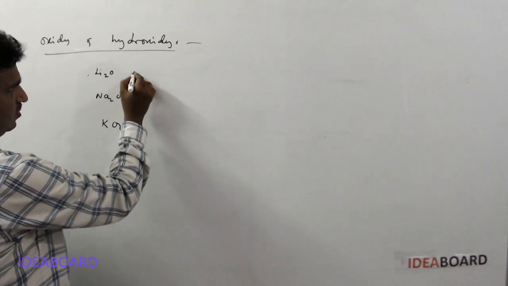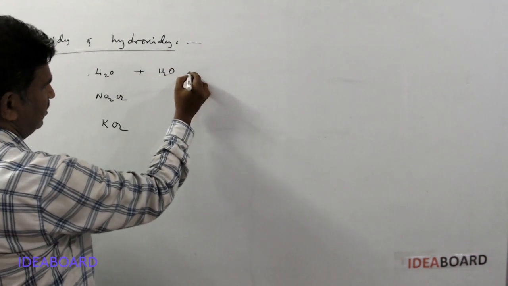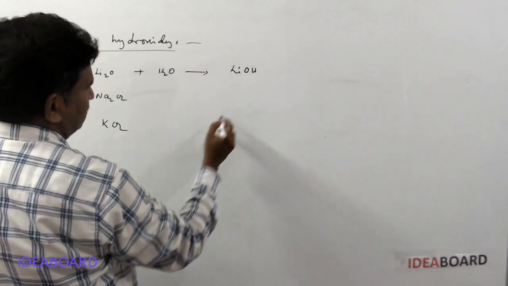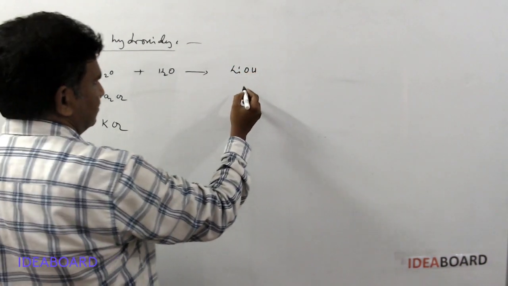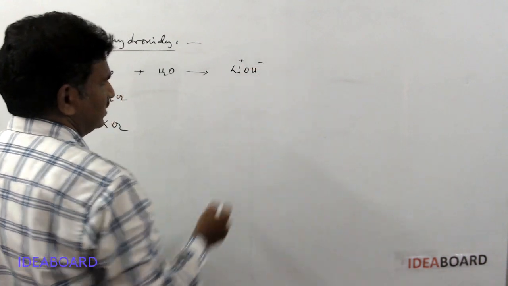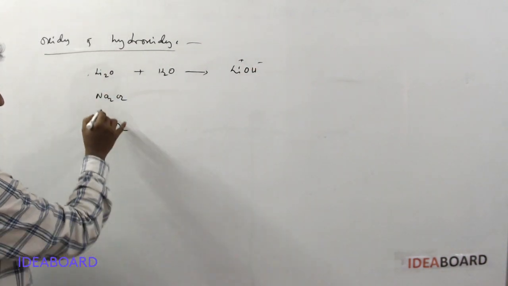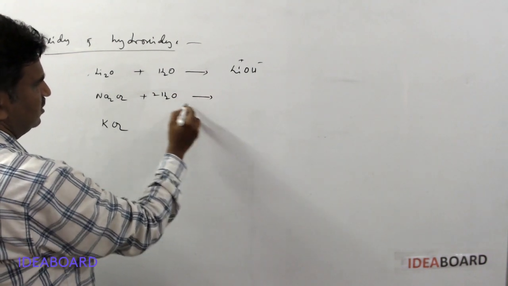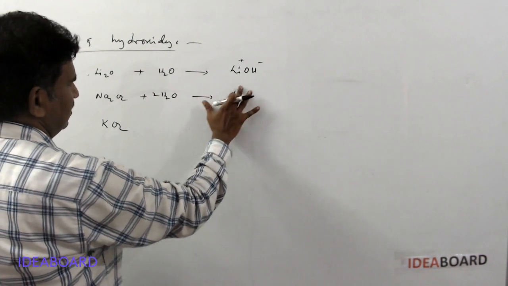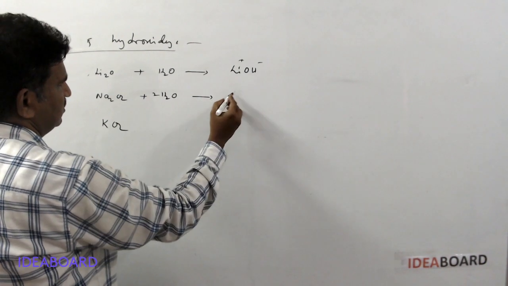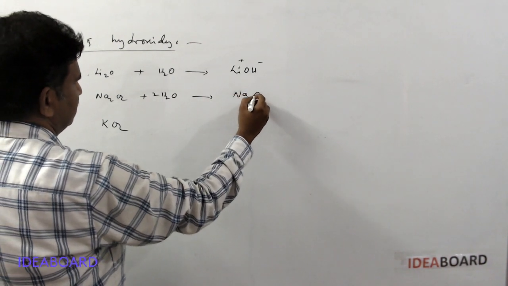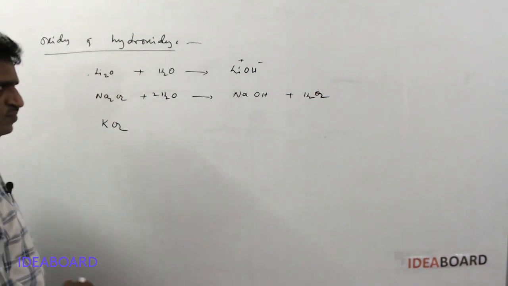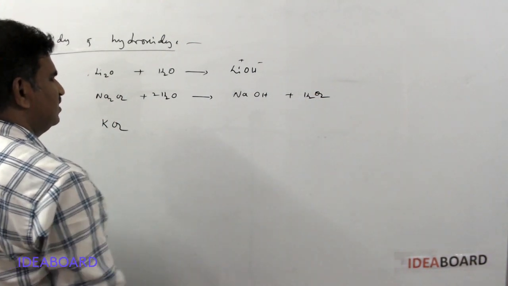And here, when lithium monoxide is dissolved in water, what is formed is LiOH, or we can write this as Li+ and OH-. Whereas when sodium peroxide is dissolved in water, we will get NaOH plus H2O2, sodium hydroxide and H2O2.